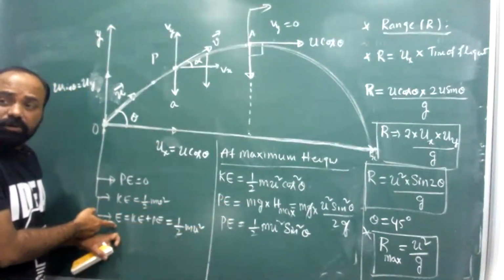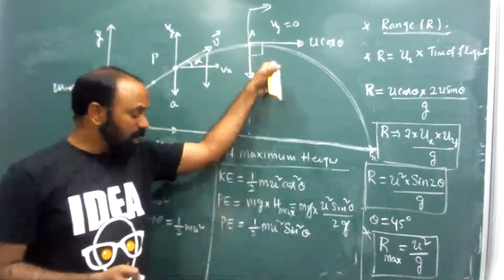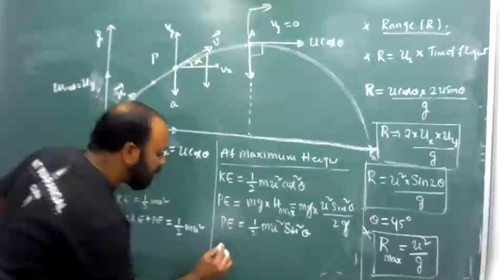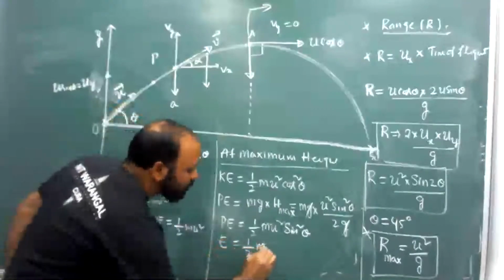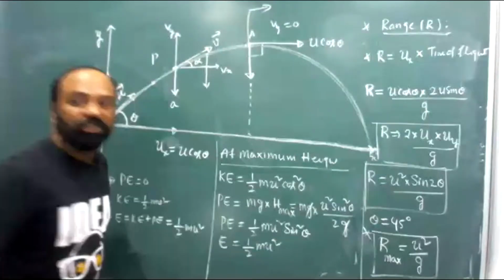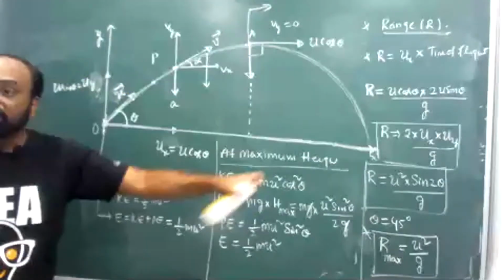At the point of projection, what is the total energy? Half m u square. At the point of maximum height, what is the total energy? Half m u square. So this is called the law of conservation of energy. In projectile motion, the total energy remains constant.